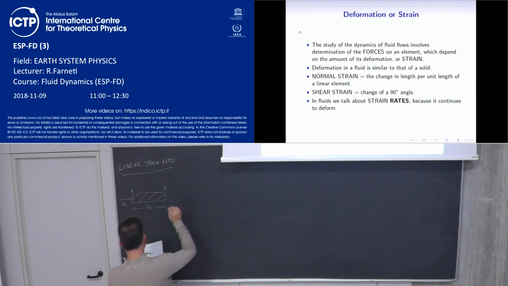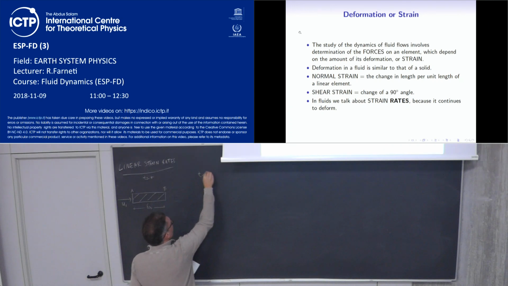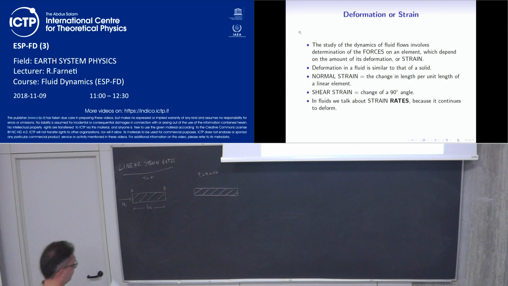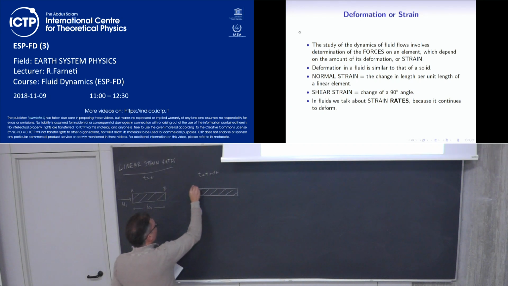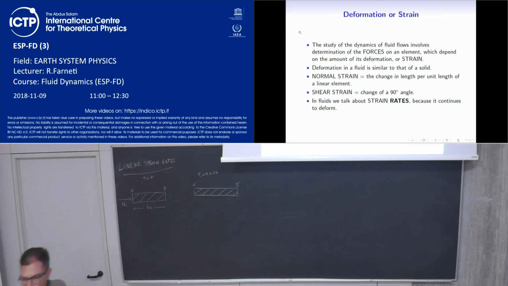Okay, and this is at time t, and at time t plus delta t, we're going to have this element of fluid. The same element of fluid has now been deformed by this linear strain or normal strain. So now we have A prime and B prime.